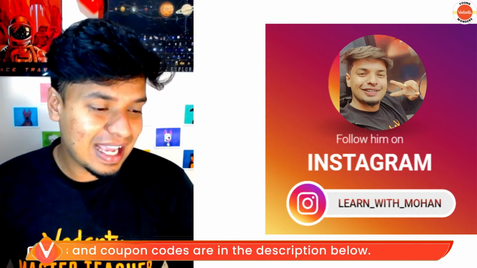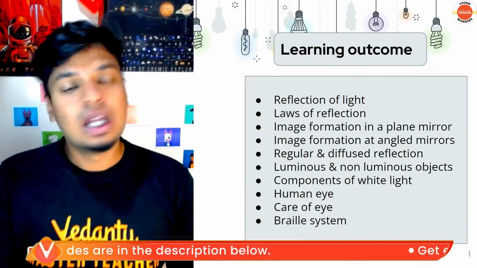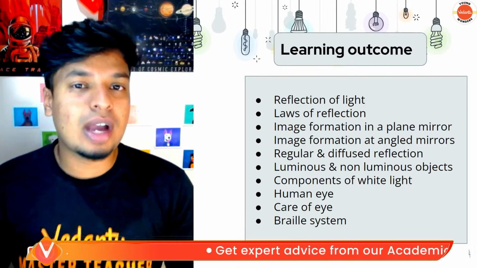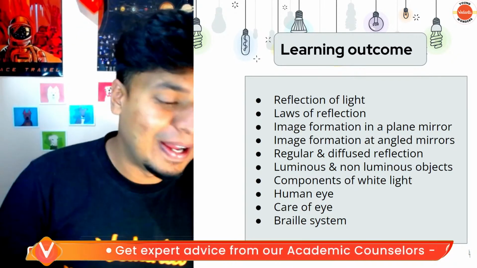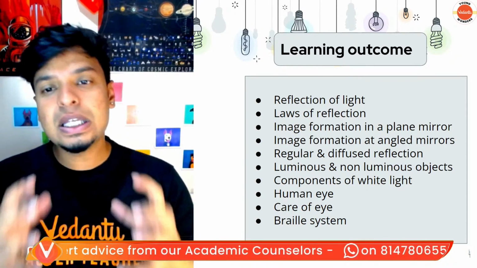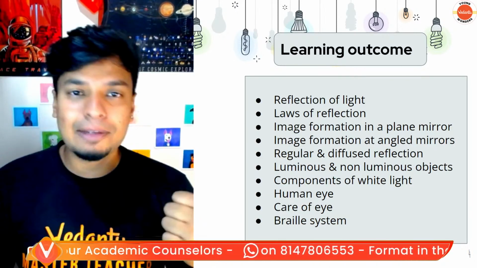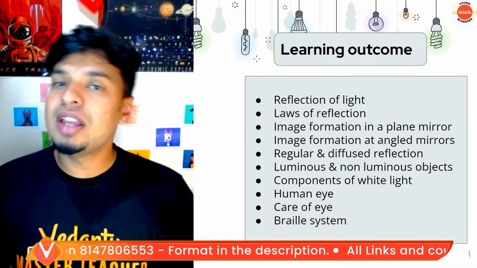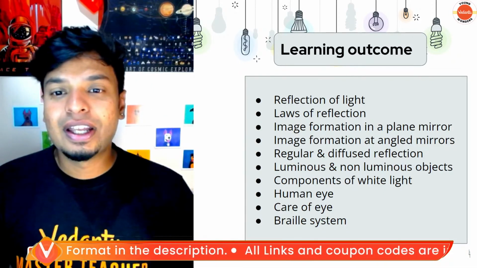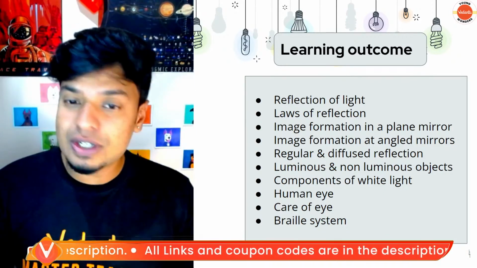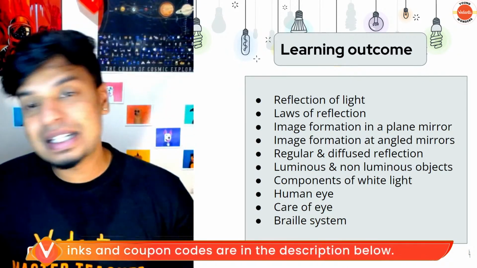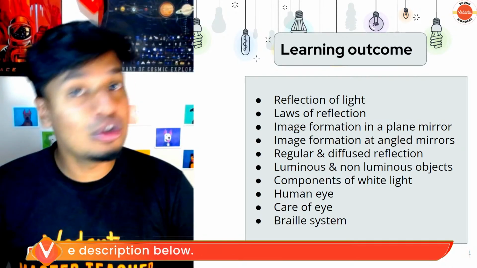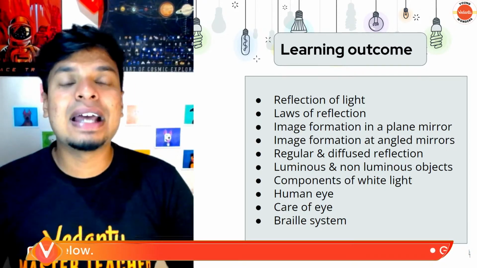What are all the different topics that we will be learning today in this chapter? Let's get straight to it. First, we learn about what exactly is light, the reflection of light, laws of reflection, image formed by plane mirrors, what is regular and diffused reflection, what are luminous and non-luminous objects, components of white light, the human eye, how to take care of your eyes, and the Braille system.